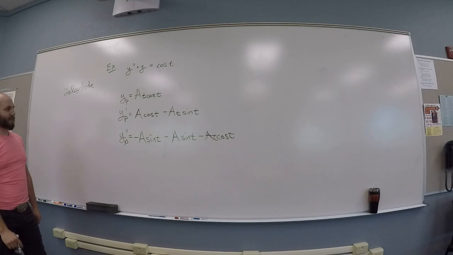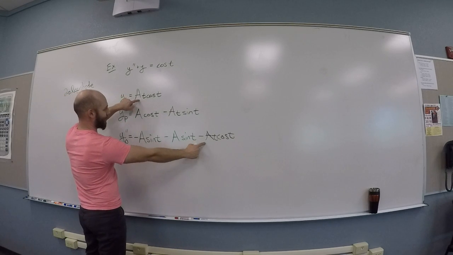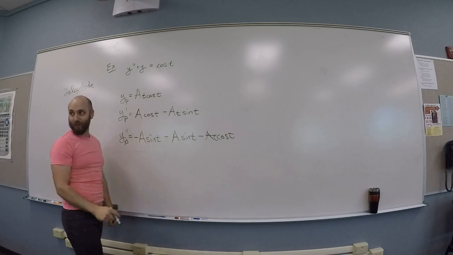Are these all the same constant? Yes, you're not recombining. And I'm going to have a problem. You all see the problem? Those are going to cancel, right? And then I have some sines equal to a cosine.